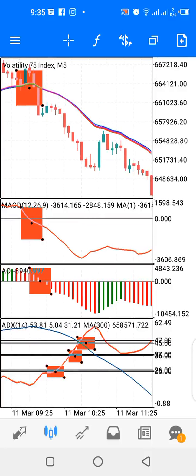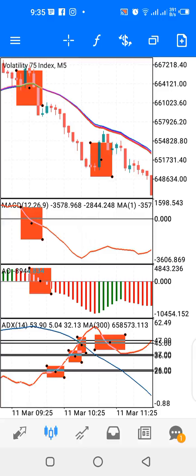But when it now descends and crosses the 45, 47 level like we have around here, crossing down, you look for buy entries. There was a buy, like a support here. The price attempted to buy, but it failed.